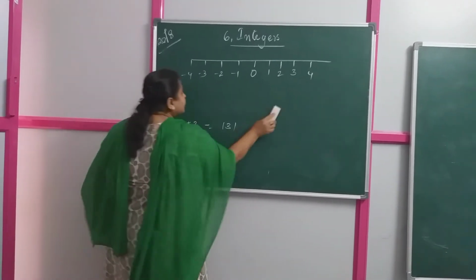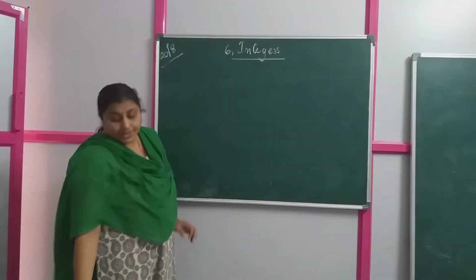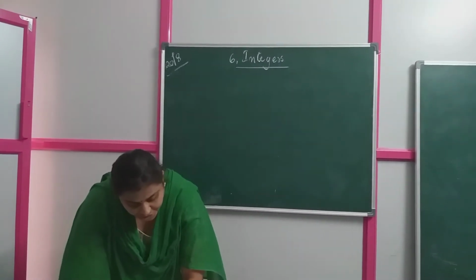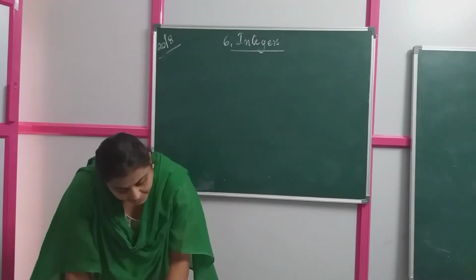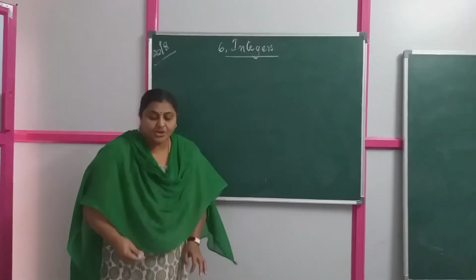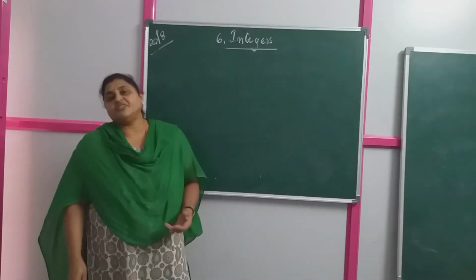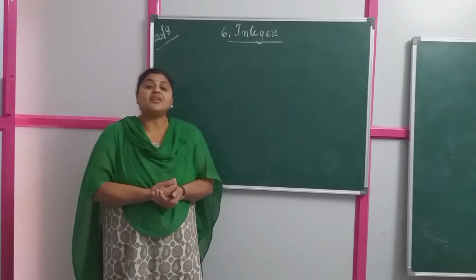Next, let us see how to represent an integer on the given number line. Now let us discuss your exercise 6a, children. Write the opposite of the following. First you have to write the opposite of it. They gave a gain of 500 rupees.